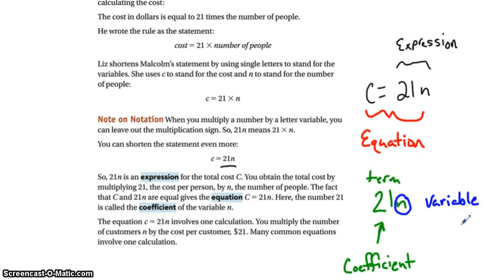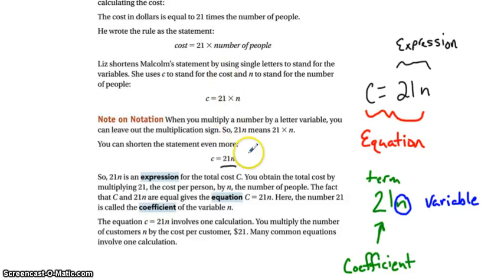Now, usually in a one-step equation, we solve them by clearing out the one step by doing the opposite. That's why we've been doing a lot of work with fact families this year.